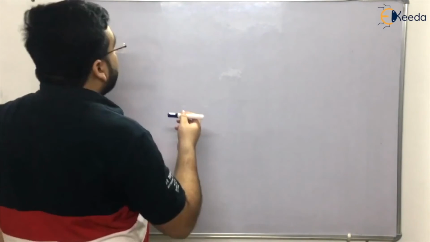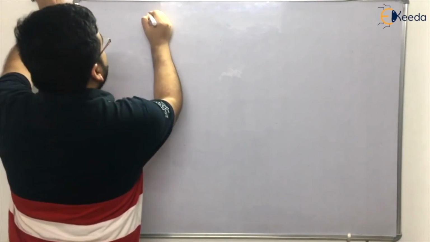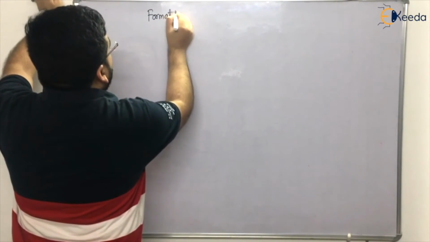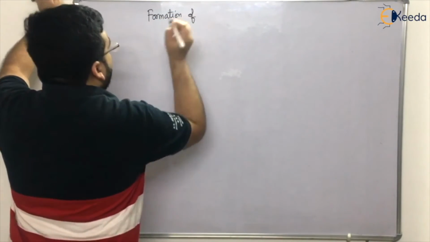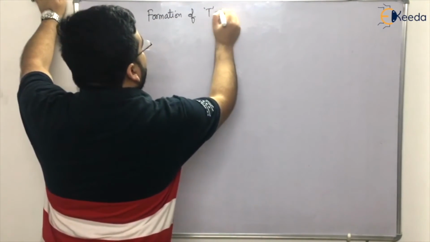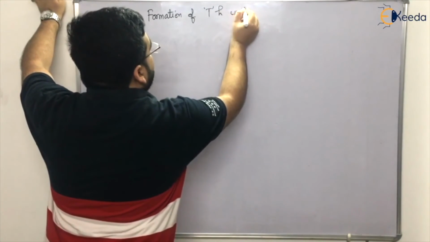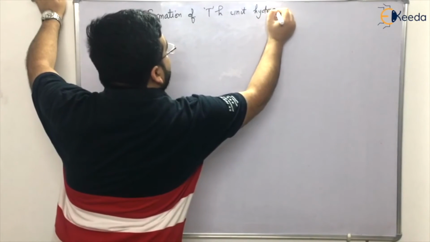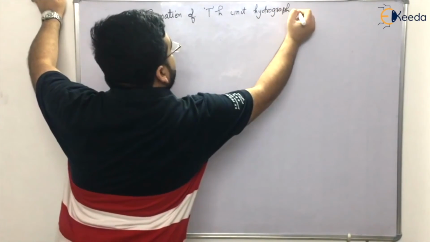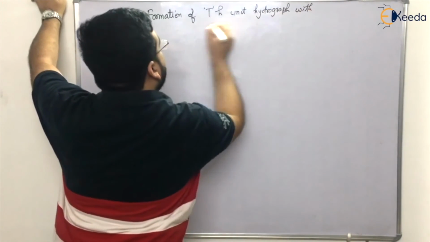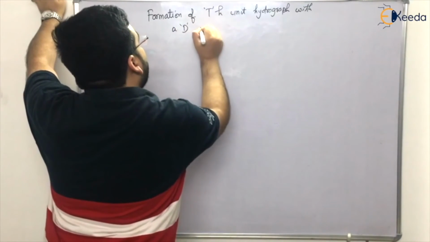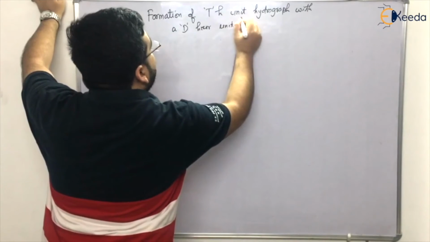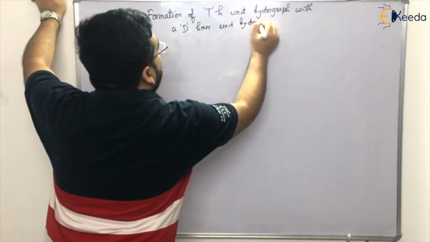Now what is the next topic? The next topic is formation of a TR unit hydrograph with a DR unit hydrograph.